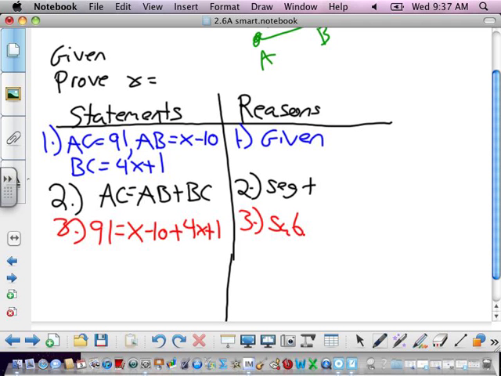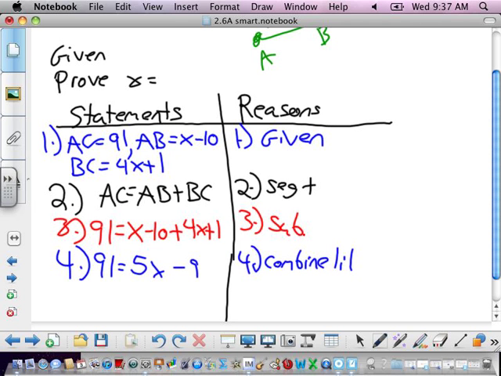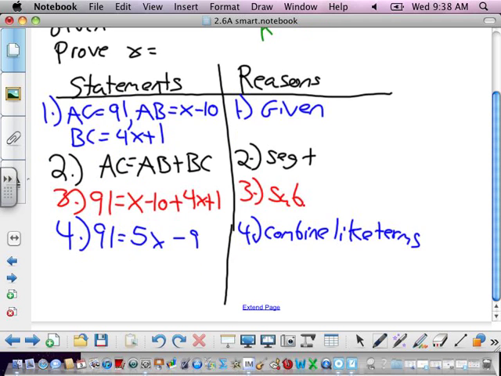What am I going to do now? Combine like terms. Very nice. So I'm going to have 91 equals x and 4x gives me 5x. And negative 10 plus 1 gives me negative 9. And we say this is combine like terms. Okay, what do I do next?